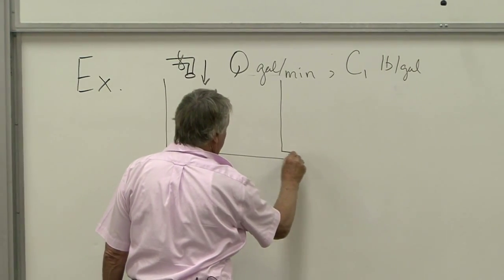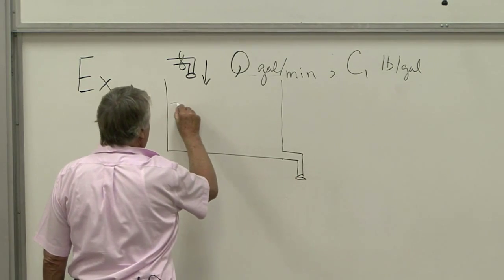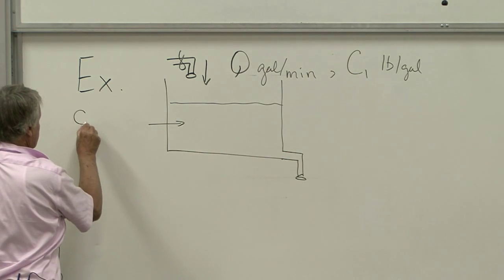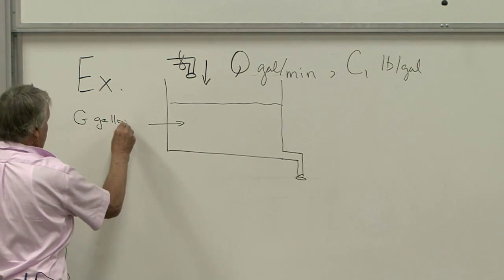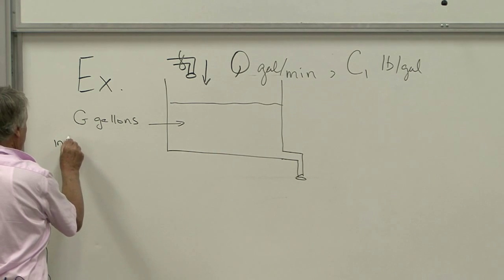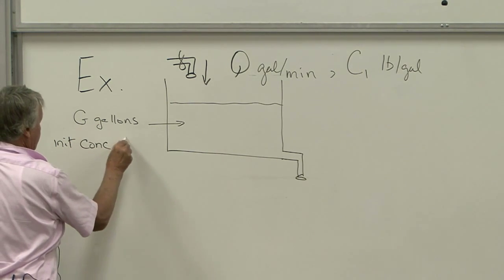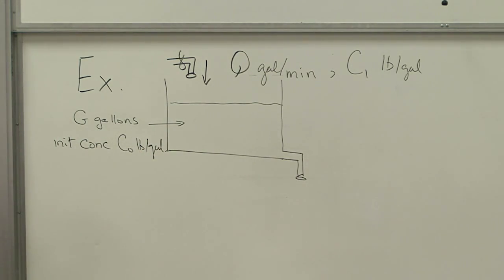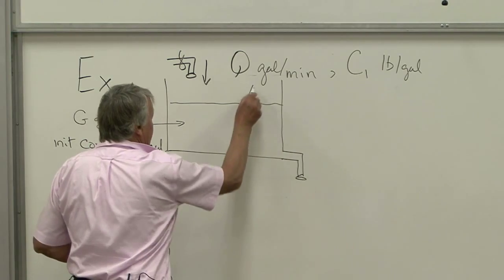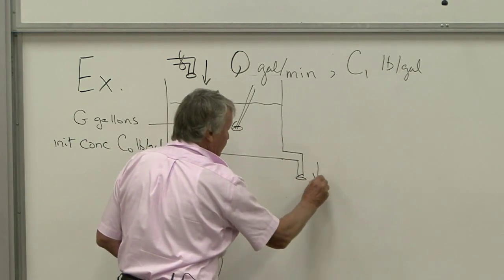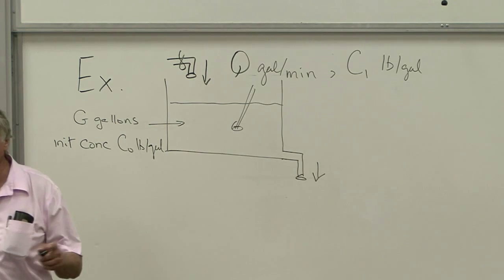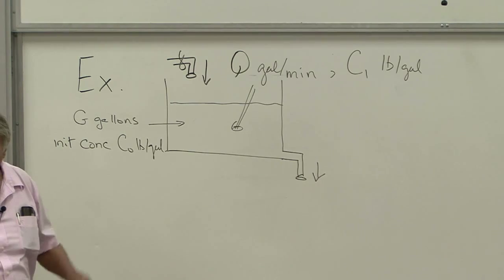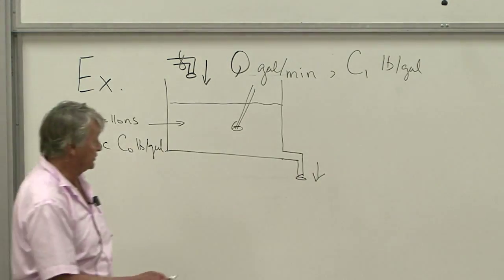I have a good stir in the tank, so I keep it well stirred. It originally has G gallons, and the initial concentration was C0 pounds per gallon. Okay. I keep it well mixed. And the outward rate of flux, I'm not going to take that different. We will be looking at an example where we take it different from the input rate when we do linear equations.